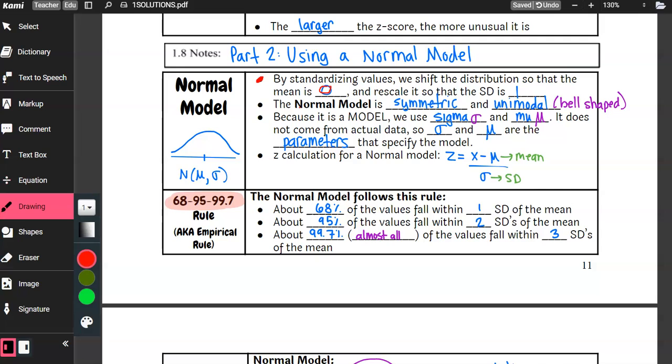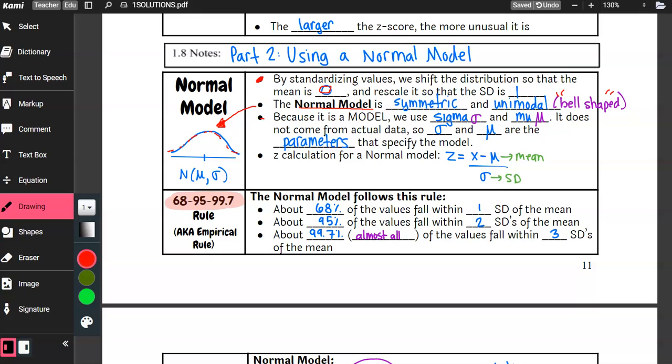The normal model is symmetric and unimodal, like here. So we're talking about a bell-shaped curve, a smooth curve like this.